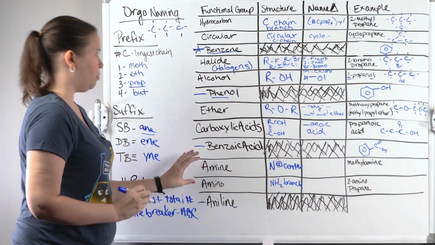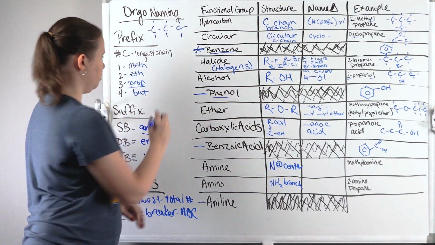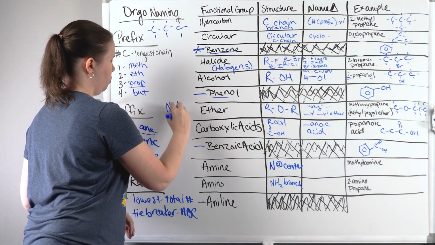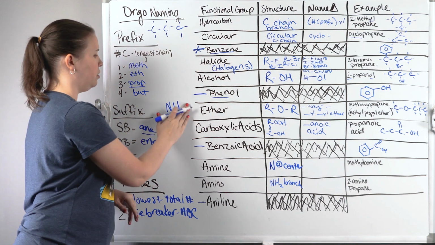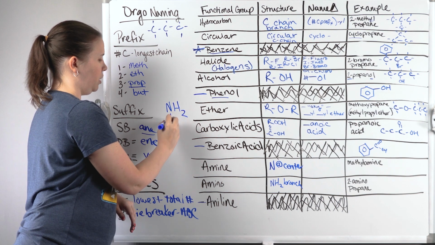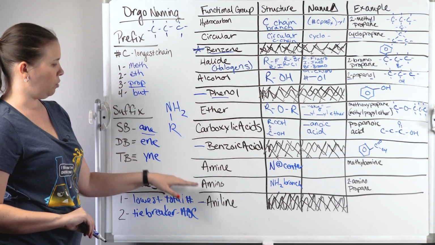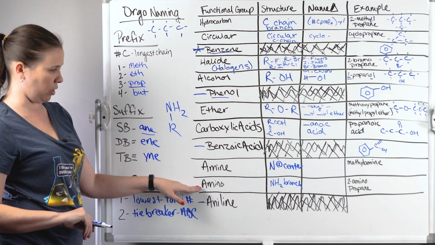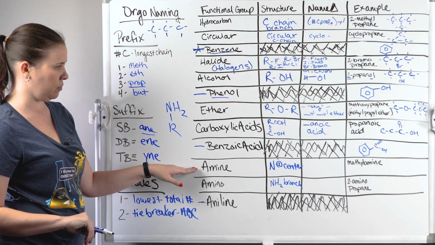So both of these are based on the ammonium group, so NH3. The catch is one of the H's has to be lost, NH2, in order to attach to the functional group of the carbon. So whether that's happening to a long branch or not is the difference between amino or amine.